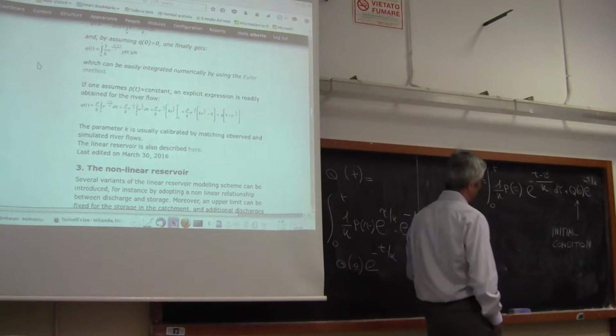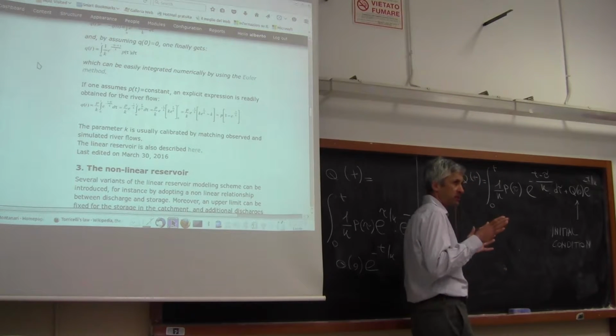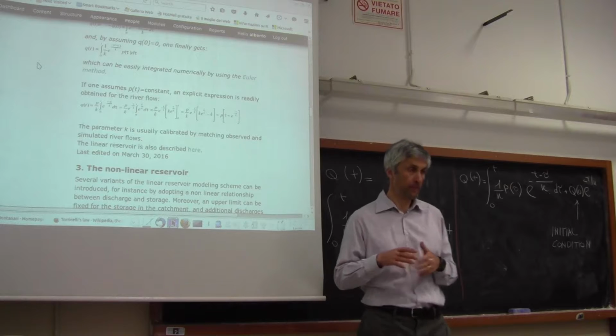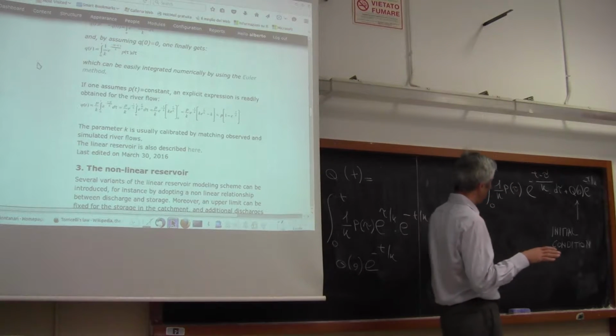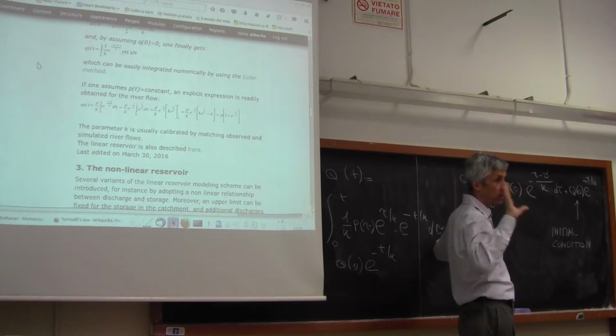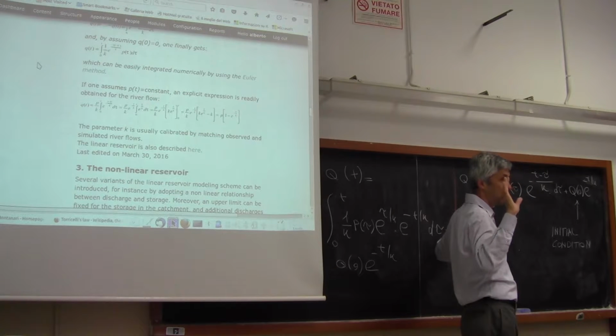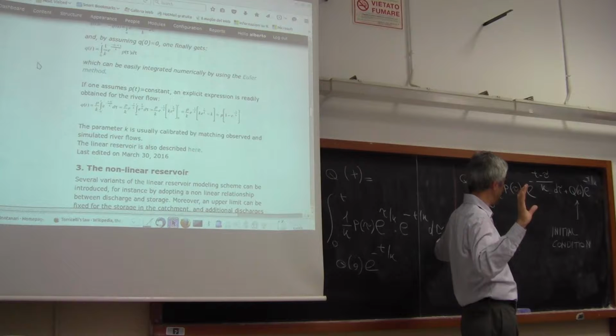So basically this is the classical relationship that gives you the means to apply the linear reservoir model. What do you need to do at this stage?